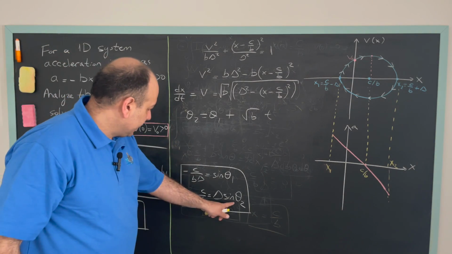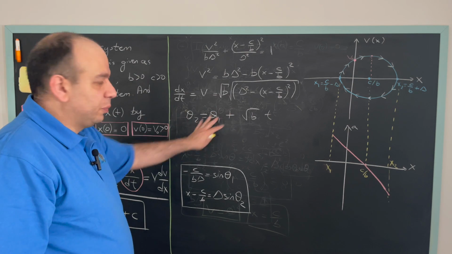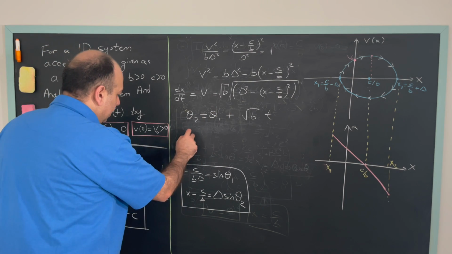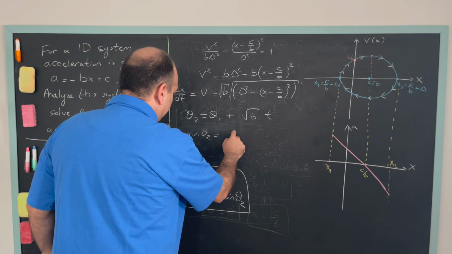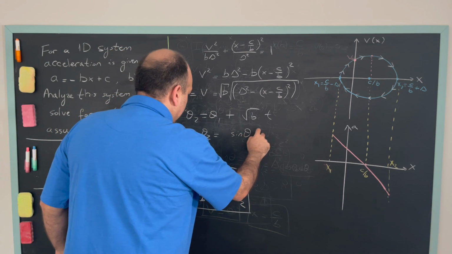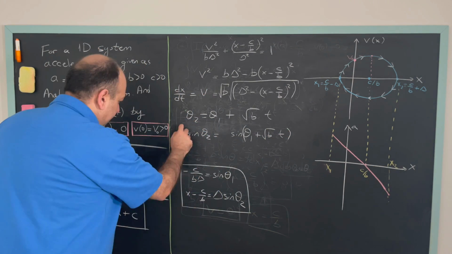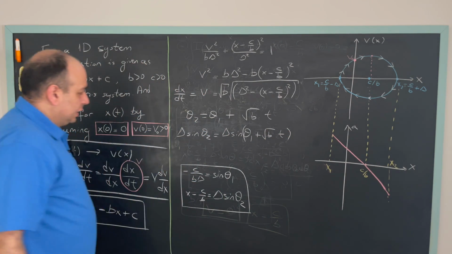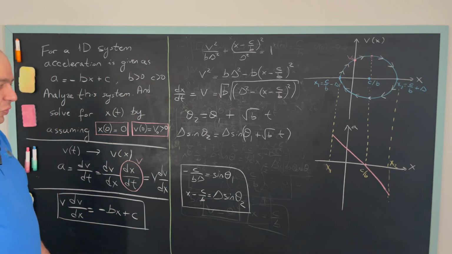We know sine theta, we know sine theta 1. So it may be a good idea to take the sine of both sides. So sine theta 2 will be equal to sine of theta 1 plus square root of b times t. Let's multiply with delta now. So delta sine theta 2 is nothing but x minus c over b, right?